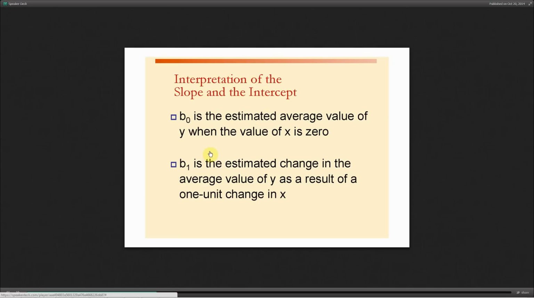Okay, so how do we interpret the things that we have estimated? So b0 would be the estimated average value of y when the value of x is equal to 0. In other words, the intercept is what we expect on average, meaning the mean value of the dependent variable, when the value of x is 0.